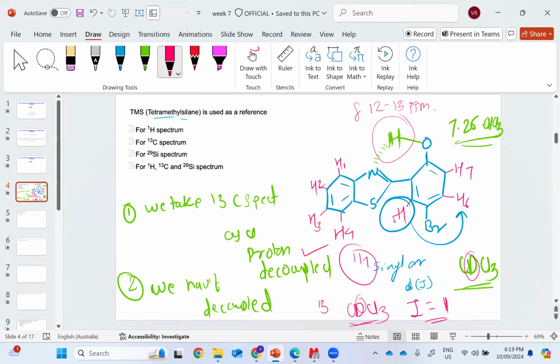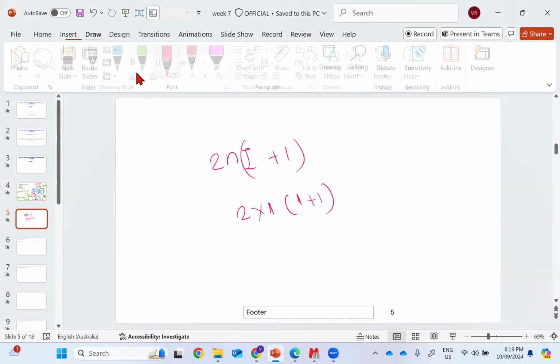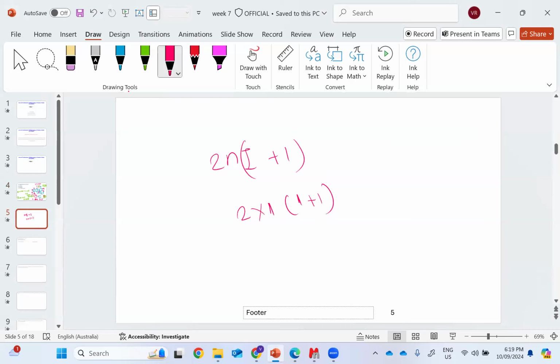I will just insert a new slide. We have the formula 2nI plus 1. This is the formula, right? So if you look here, 2 multiplied by n is equal to 1, and I is 1, plus 1, right? Did I make any mistake in writing the formula? 2nI plus 1, I think.